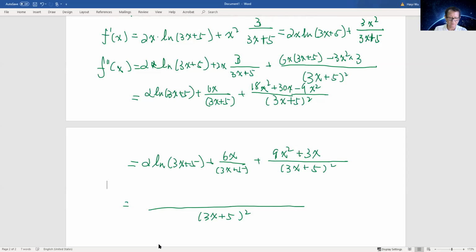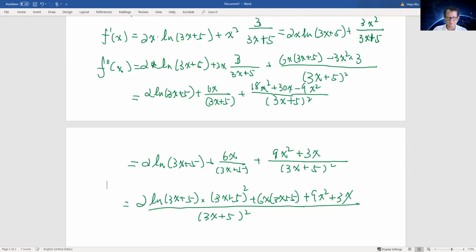So that means here 2 log of 3x plus 5 times the bracket, 3x plus 5 squared, plus 6x times 3x plus 5, plus 9x squared plus 30x.